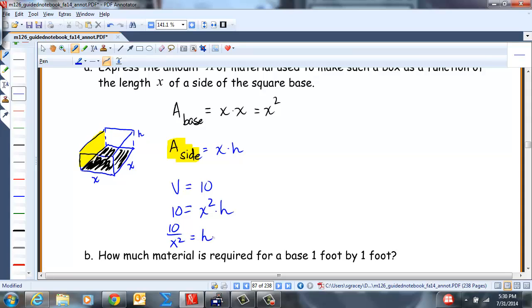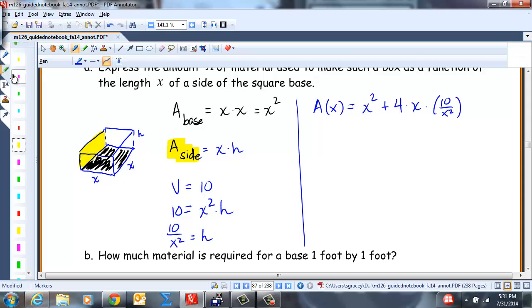So let's put this together. Okay? So the amount of material in terms of x is going to be that area of the base of the box, which was x squared, plus 4 of those yellow areas. So that was x times, and what was h? Good, h was 10 over x squared.